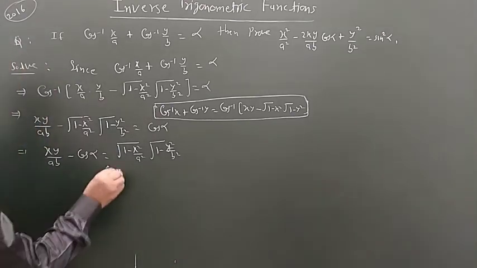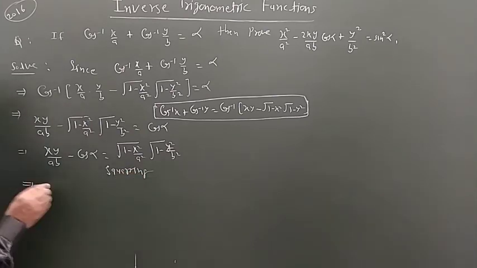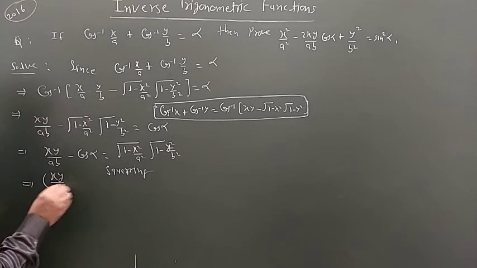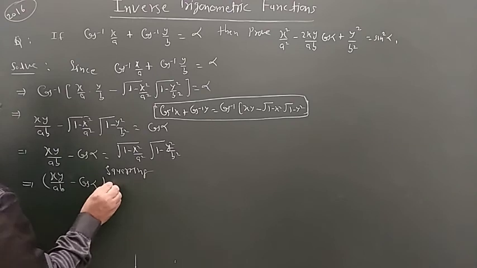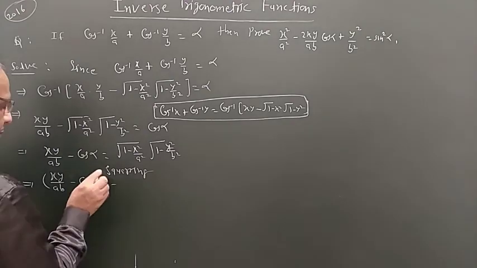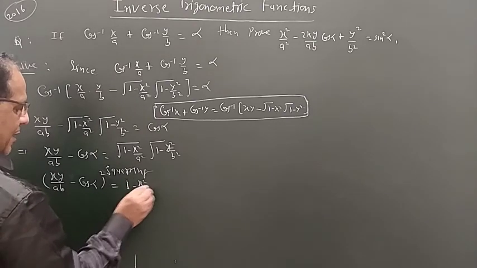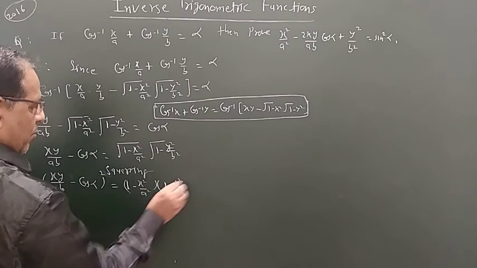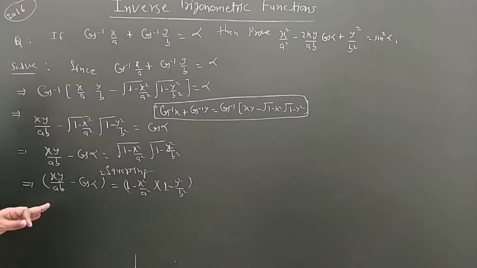Squaring. So we have (xy upon ab minus cos alpha) whole square equal to (1 minus x square upon a square)(1 minus y square upon b square).